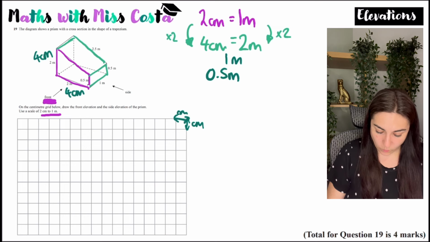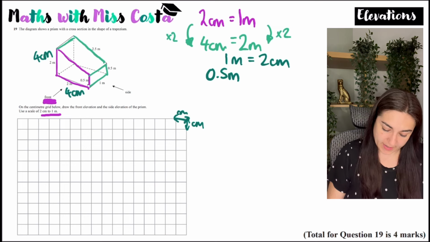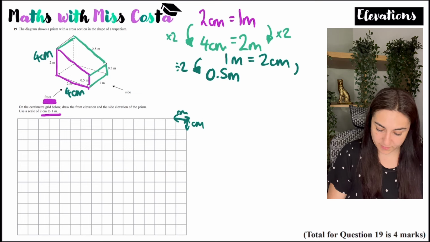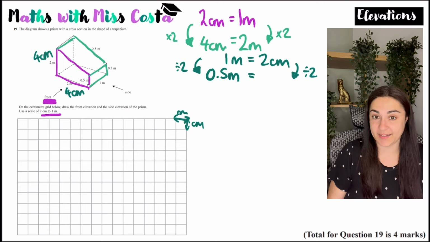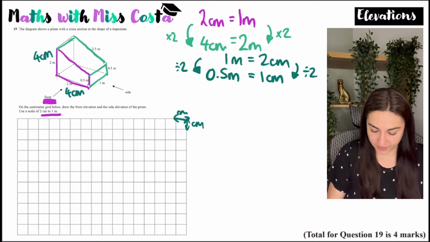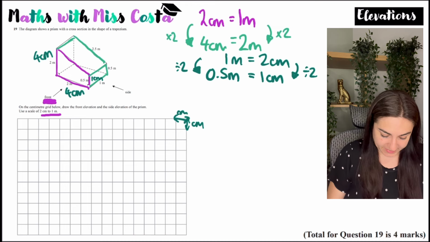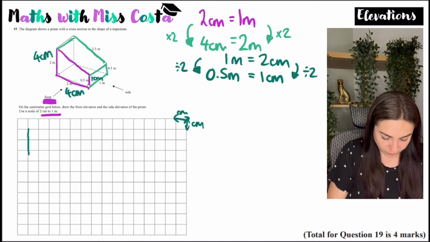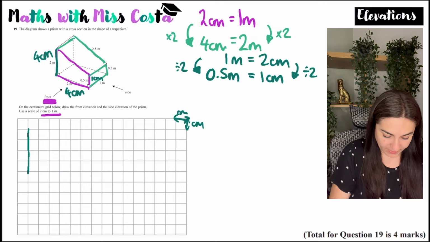So I know that 1 metre is 2 centimetres. How do I get from 1 to 0.5? I divide by 2. So I'm going to have to divide this side by 2. So 2 centimetres divided by 2 is 1 centimetre. So I know the height is going to be 1 centimetre. So let's draw 1, 2, 3, 4 as my side over here.